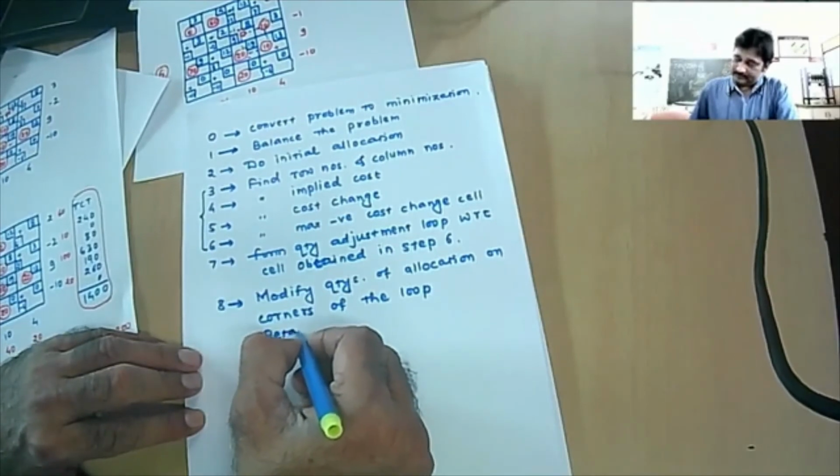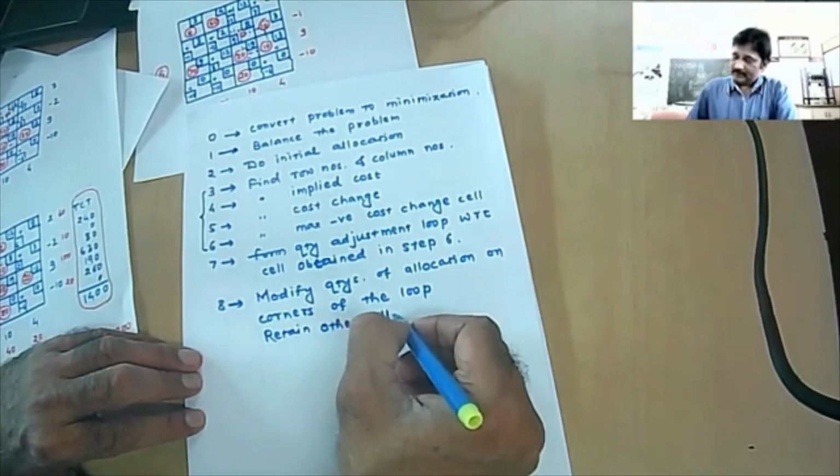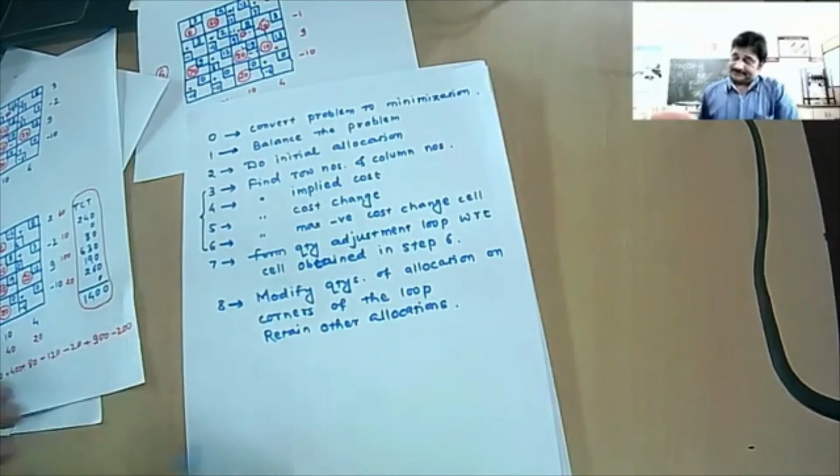Retain the other allocations, all right? Retain other allocations.